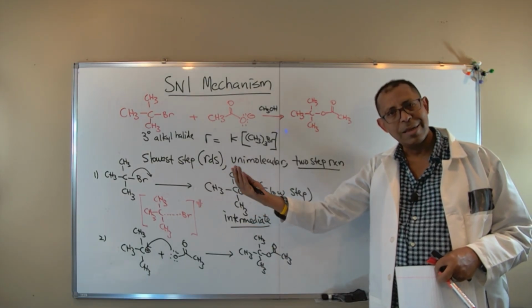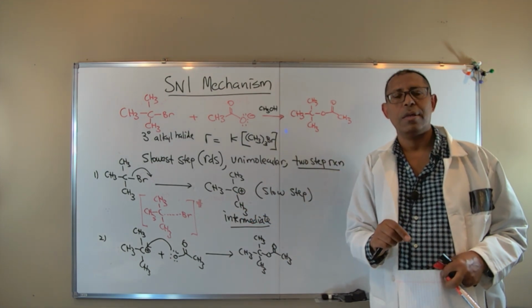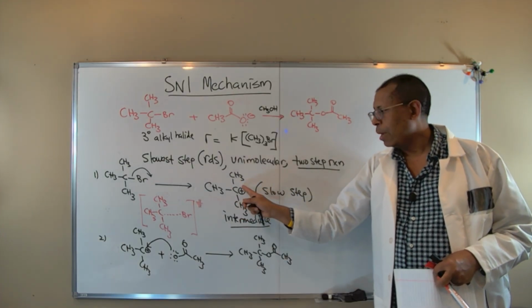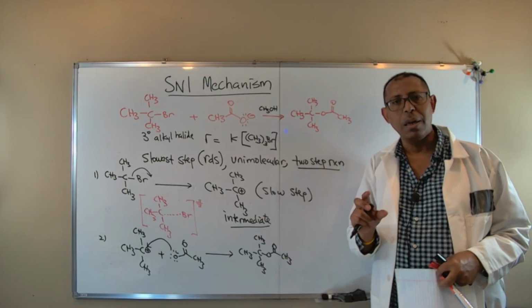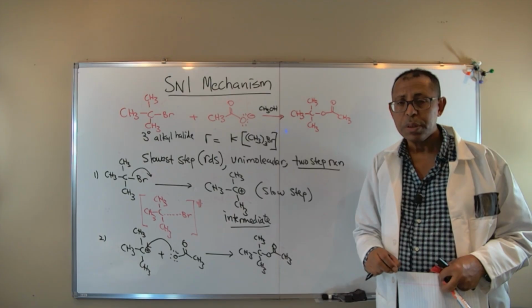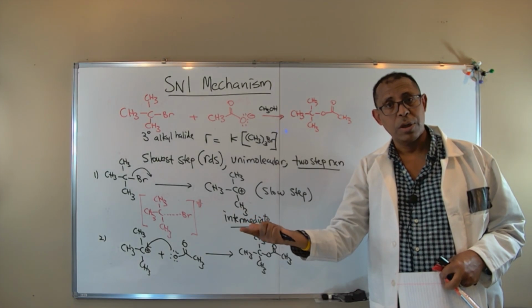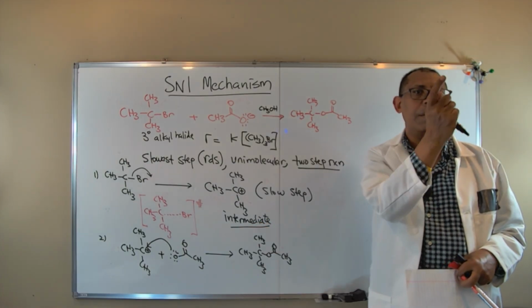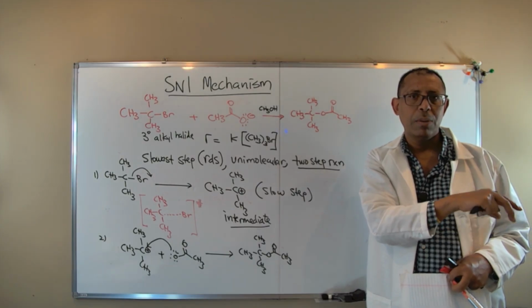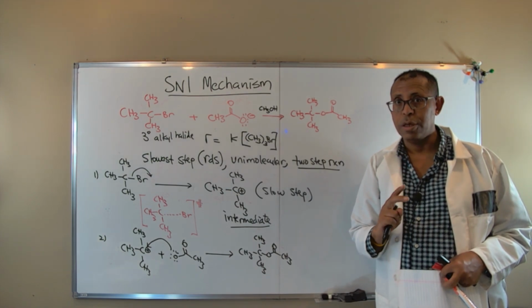The reaction is driven towards making the carbocation because the carbocation is stabilized by these methyl groups, the carbons, by inductive effect. So SN1 reaction likes tertiary alkyl halide, while primary alkyl halide or methyl alkyl halides would undergo SN2 reaction. So these are also the distinctions you need to remember.